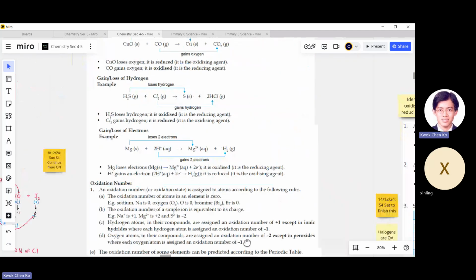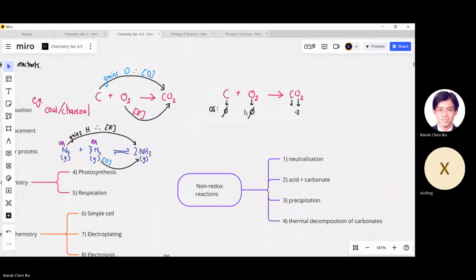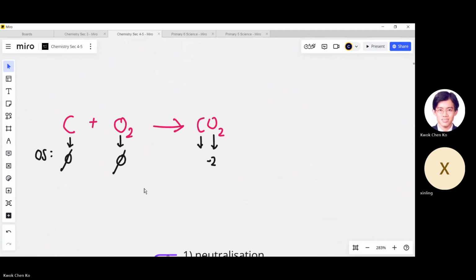So let's go back here. CO2 is a compound. Therefore, I can write something like this. I use my algebra. C plus, now I am concerned about the coefficient. So I put a 2 here, because the 2 comes from here. There are oxygen, 2 of them.